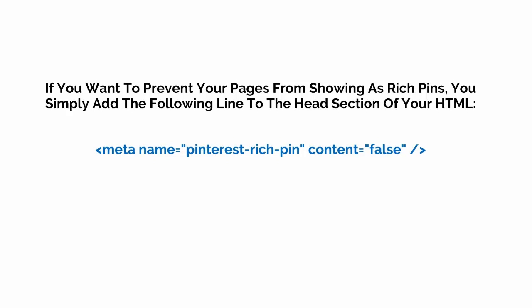You go left arrow, meta name equals quote Pinterest-rich-pin, close quotes, content equals quote false, close quotes, / right arrow. There's also some code you can use to prevent your content from appearing as pins at all. Now, this, however, is not particularly useful for a marketer.